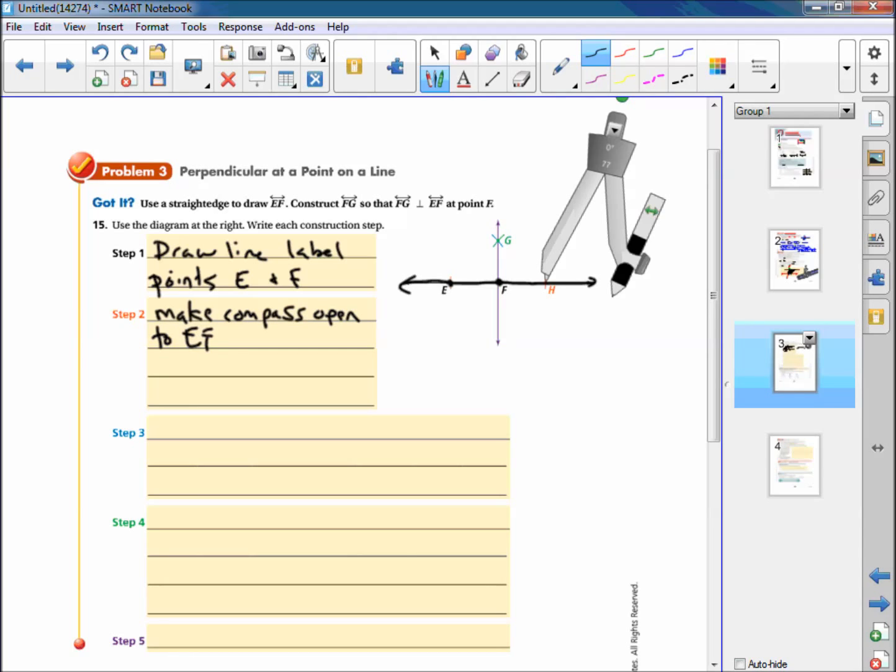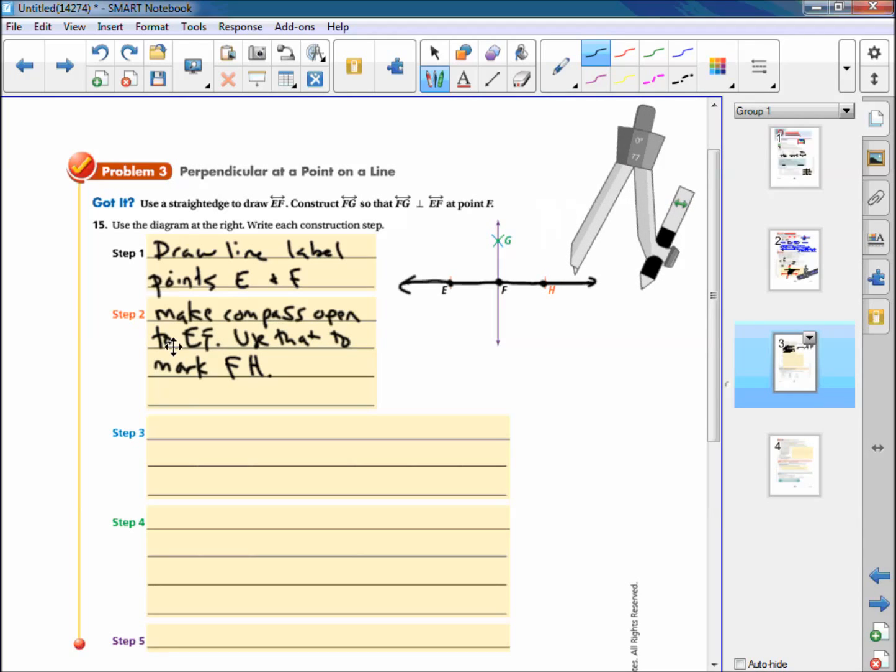Okay, and then use that to mark FH. Okay, so in this case, we put in this new mark. Let's get that out of the way right here.